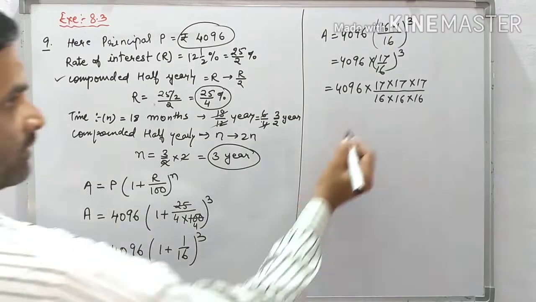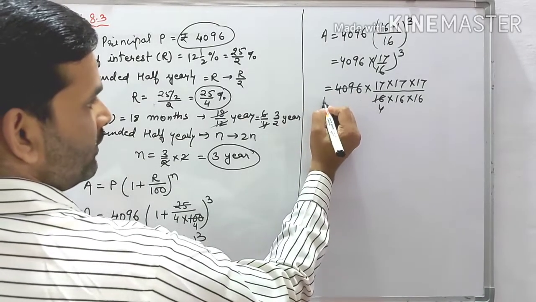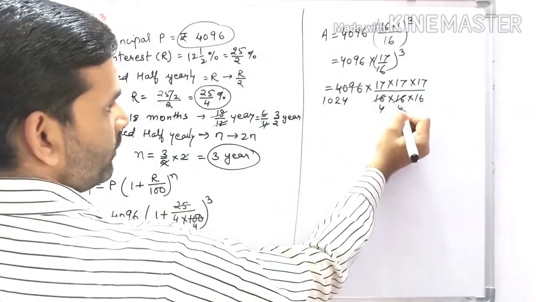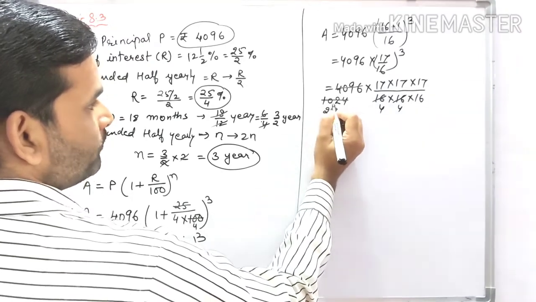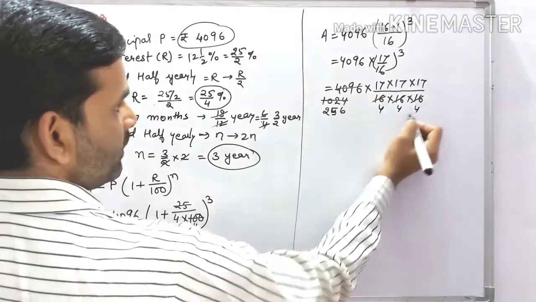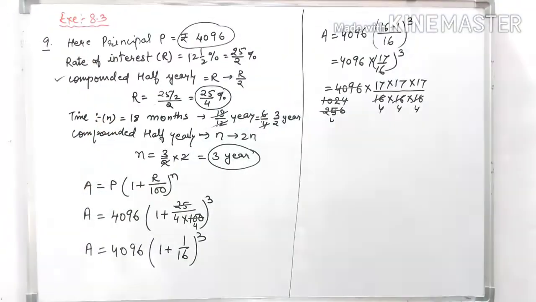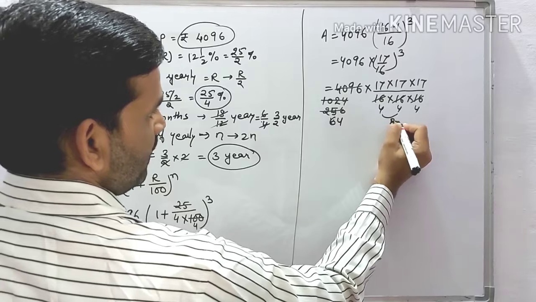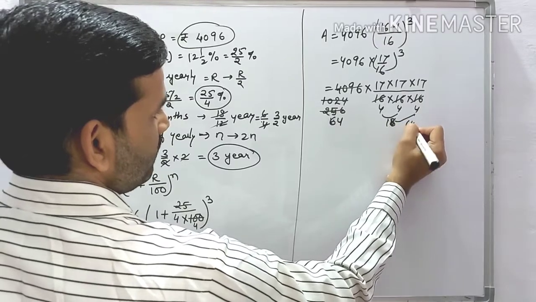After calculation, 4 fours are 16, and then we cancel. 4096 divided by 64 gives 64, and the 16 into 16 into 16 cancels down similarly.